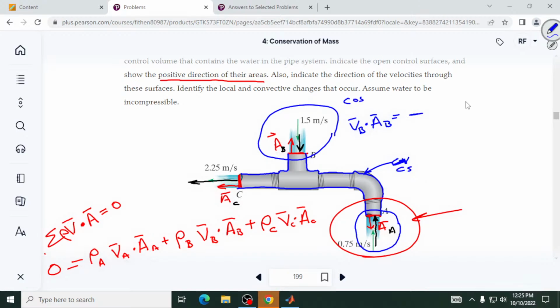So the cosine of 180, if you look at the plot, it goes down to a -1 there. So you get a negative velocity at B, whatever that magnitude is, times the area at B, whatever that magnitude is.